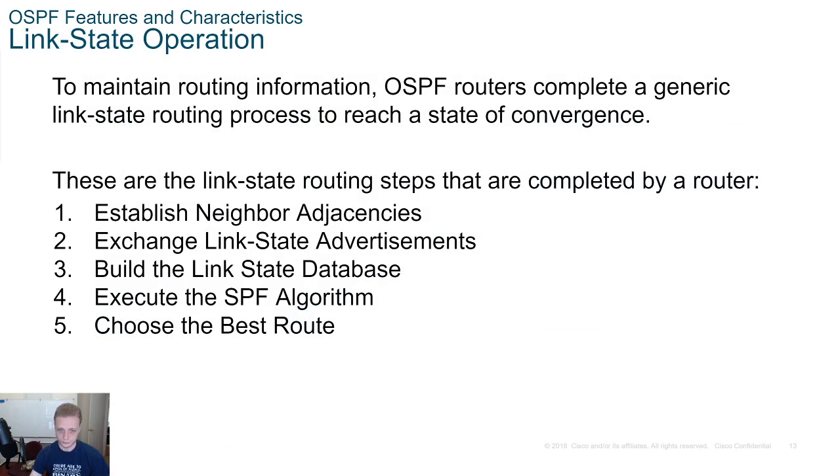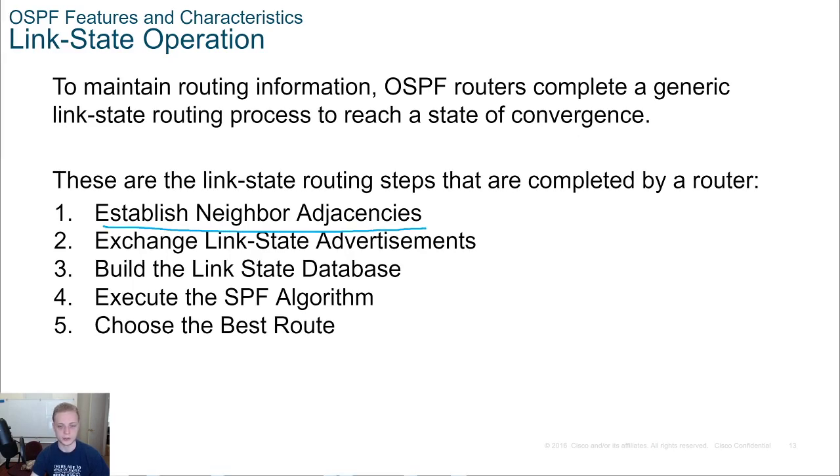So we're going to have these 5 routing steps here. First, we're going to establish neighbor adjacencies. We're going to use the hello packet. We're going to use our database description packet here. Then we're going to have our advertisements that are going to say, hey, your LSR, your request, and your LSA, your advertisement, that tells you about those networks.